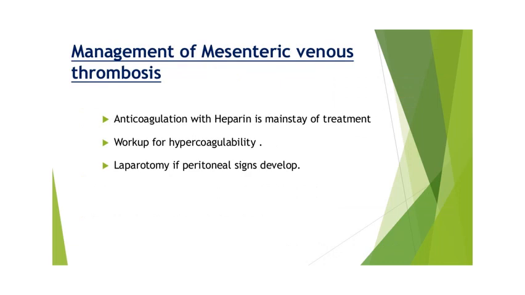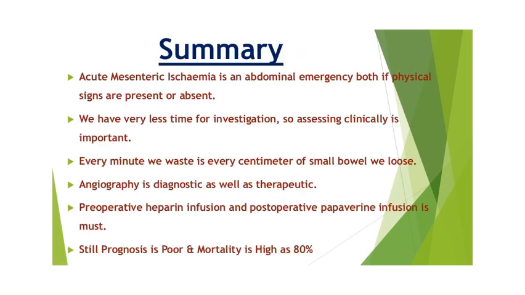Management of mesenteric venous thrombosis: anticoagulation with heparin is the mainstay of treatment, workup for coagulability, laparotomy if peritoneal signs develop. Acute mesenteric ischemia is an abdominal emergency, both if physical signs are present or absent.